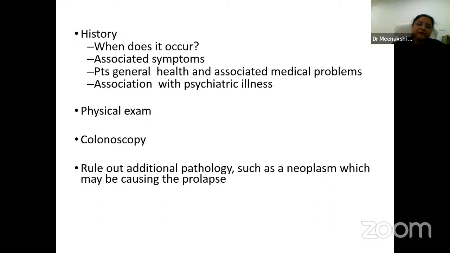Then colonoscopy is a very important investigation when we decide the management of the rectal prolapse. There is a long list of investigations, but colonoscopy is important to rule out additional pathology such as neoplasm, which may cause prolapse. That's why endoscopic evaluation is a must in case of prolapse.